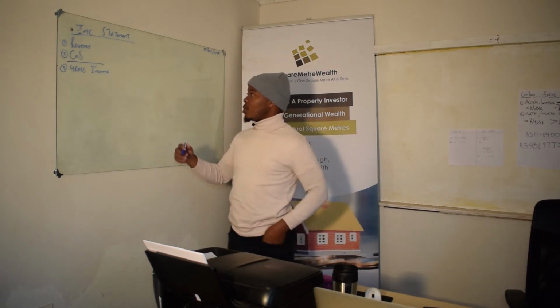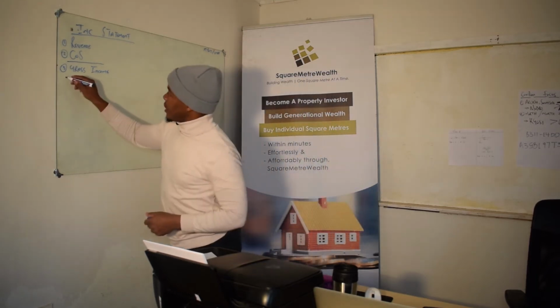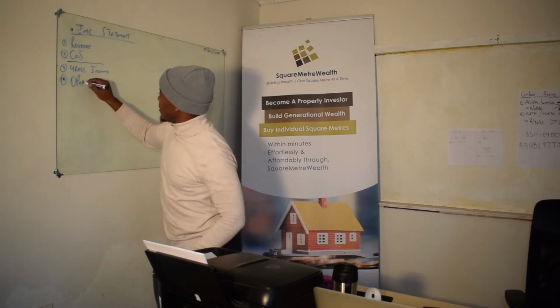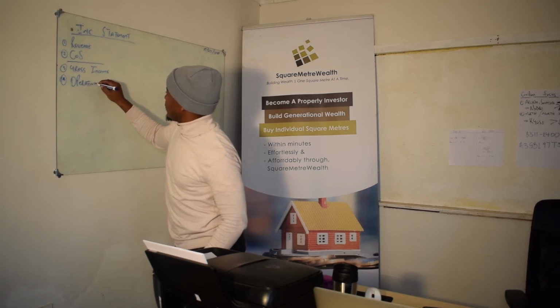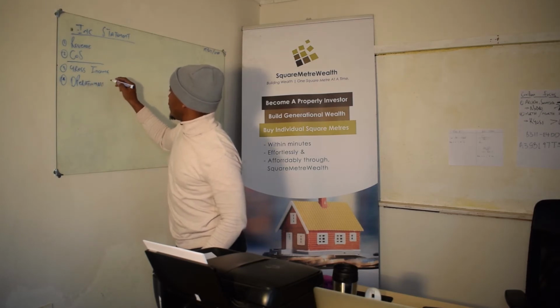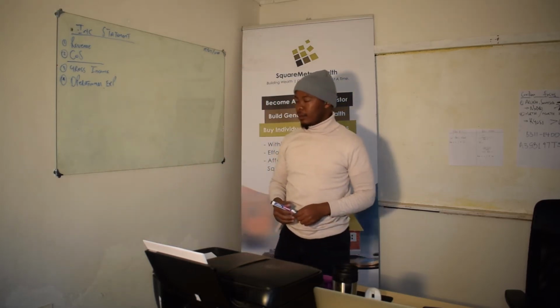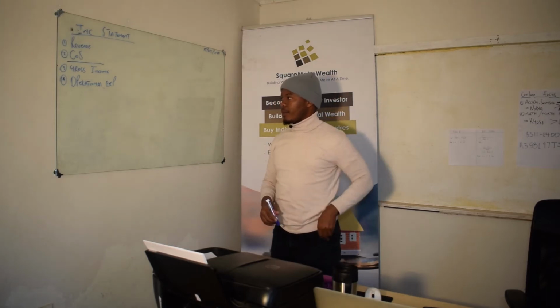From the gross income, what you want to subtract will be your operational expenses. These are expenses responsible for the operation of the business itself. You need to subtract those.